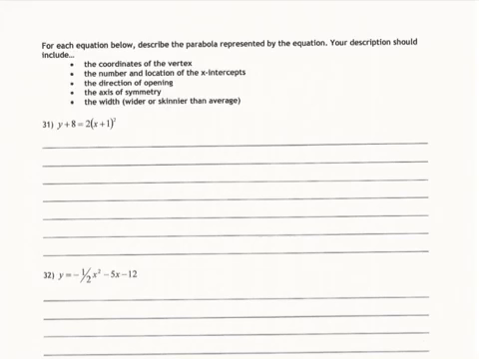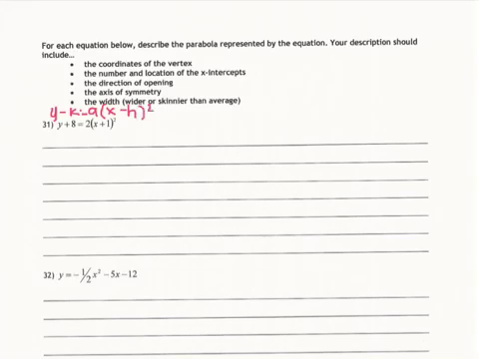So I'm just going to identify some key points here. The coordinates of the vertex. Remember, this equation here is written in vertex form. So my numbers for my vertex are the h and the k. If I line that up next to vertex form, here's what that looks like again. y minus k equals a times x minus h squared.